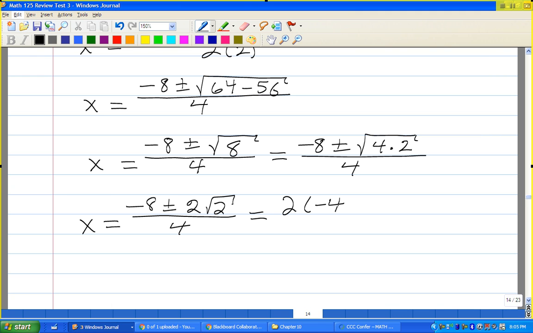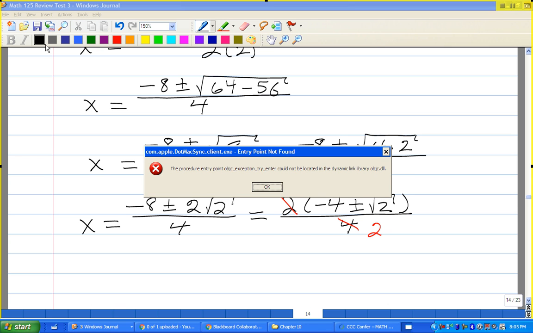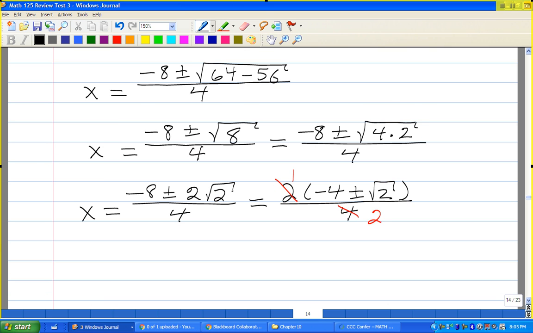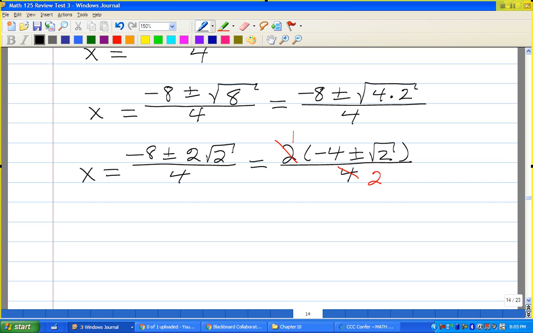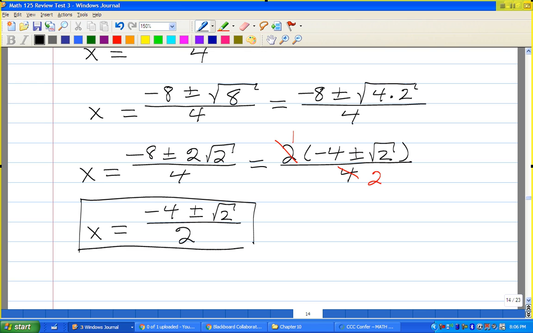What remains is a negative 4 plus or minus rad 2 over 4. And let's cancel. 4 divided by 2 is 2. 2 divided by 2 is 1. And so x is equal to negative 4 plus or minus rad 2 over 2. And that is your answer.